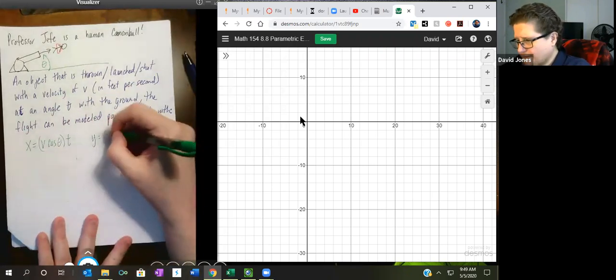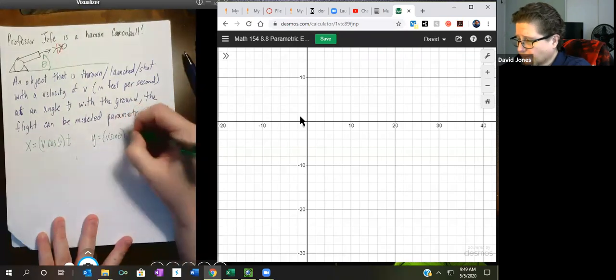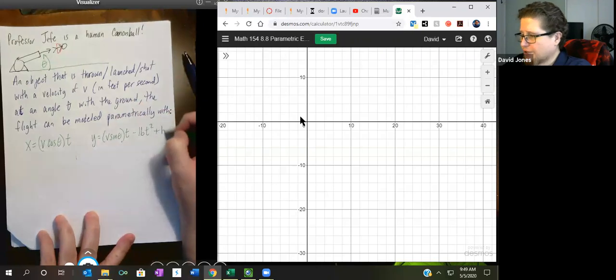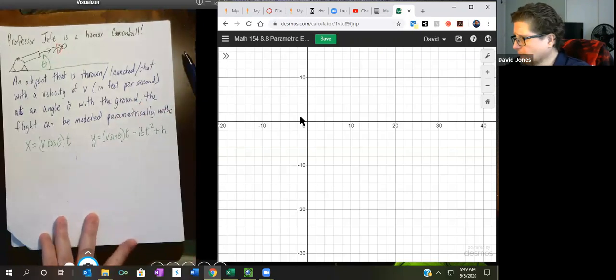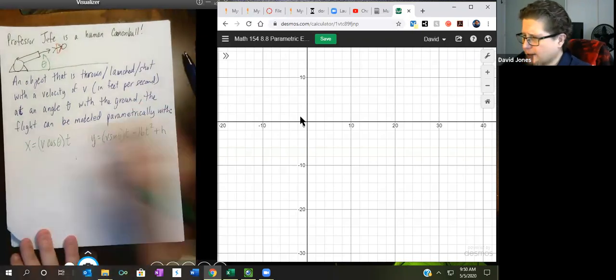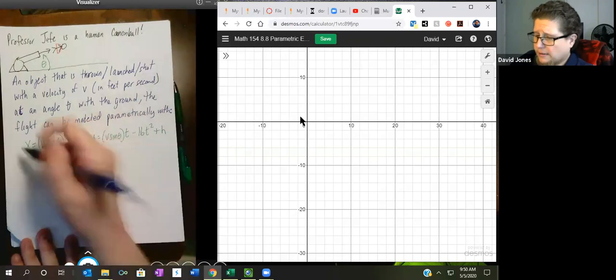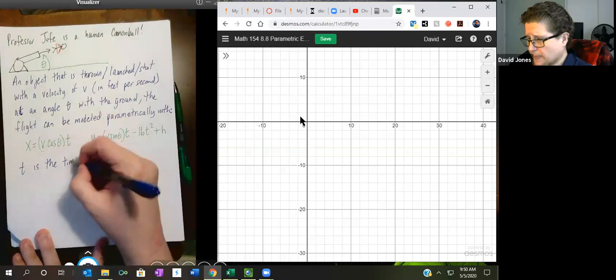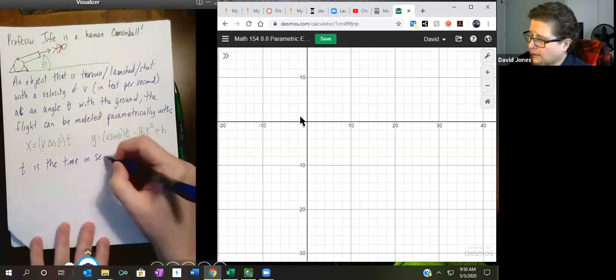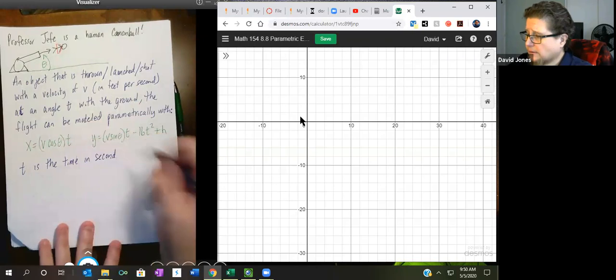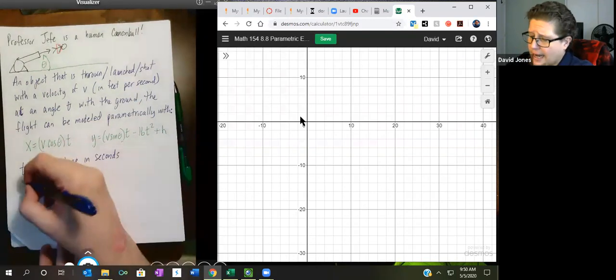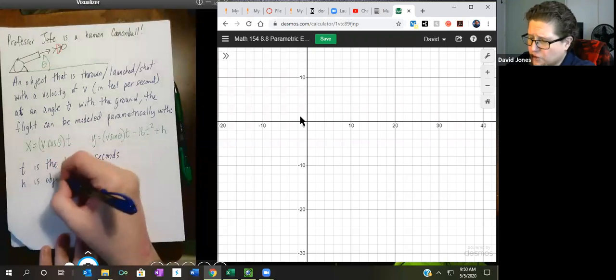Y equals v sine theta times t minus 16t squared plus h. T is the time in seconds. H is the object's initial height above ground.